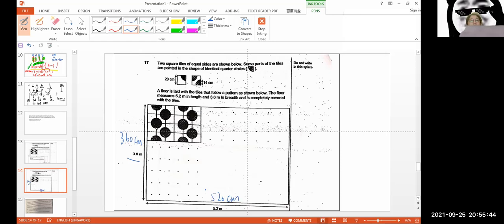Then it really depends how you see this. That means you need to see the repeated pattern. I think the repeated pattern is this.